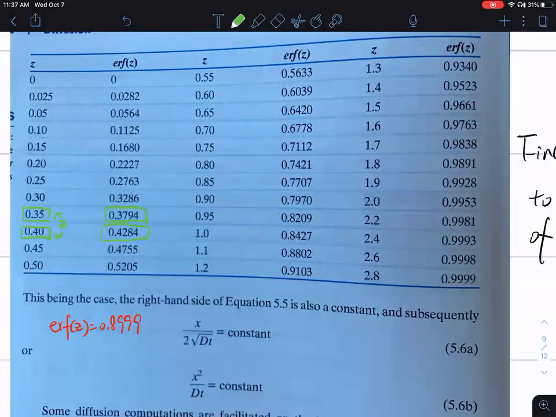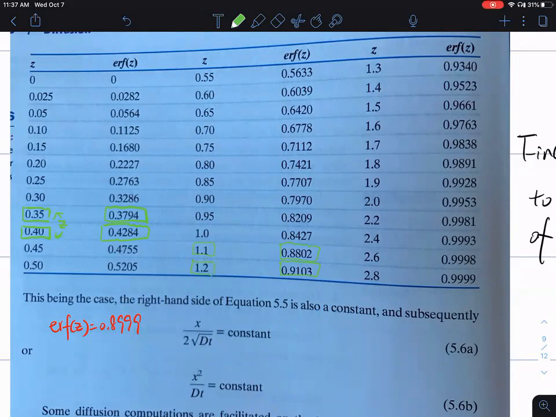Okay, I found this one here, 0.8802. That's smaller than 0.8999. Another number here, 0.91. That's larger than the number we have. So the corresponding Z is 1.1 and 1.2.